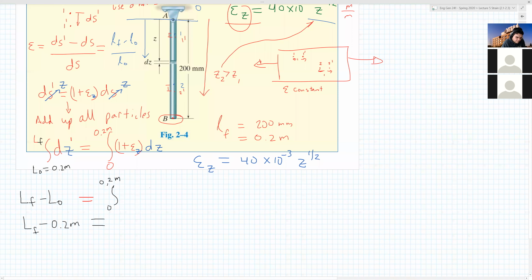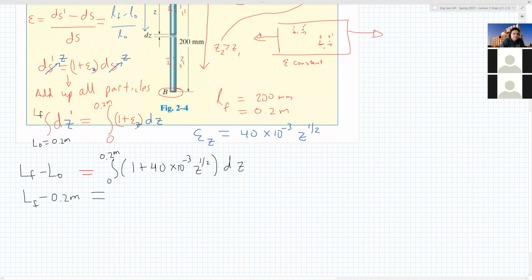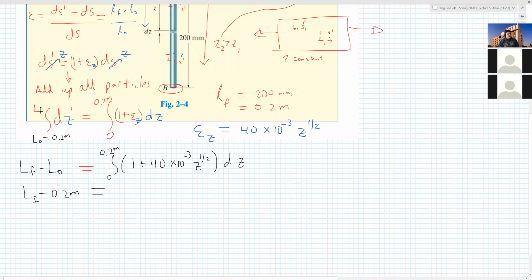The final length of the bar, or up to where the locations of the particles are, right? There's particles all the way up to 0.2 meters. 1 plus, what is epsilon z? 40 times 10 to the minus 3 z to the 1/2. dz, okay?